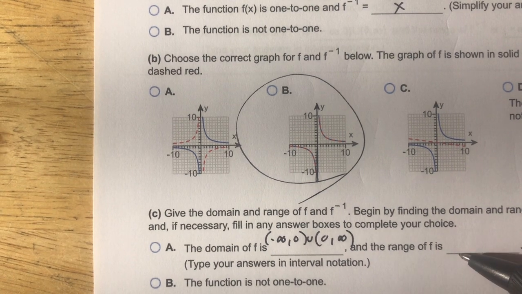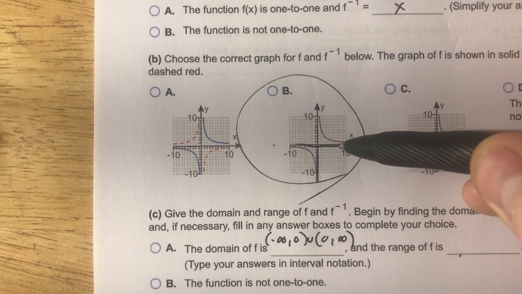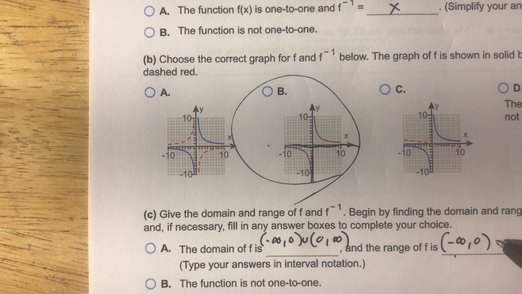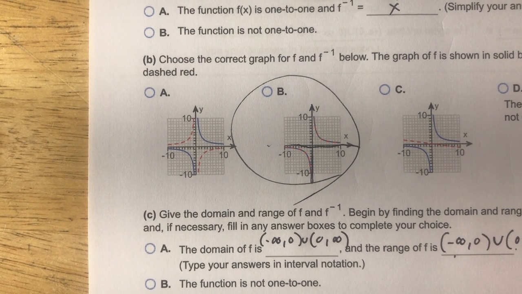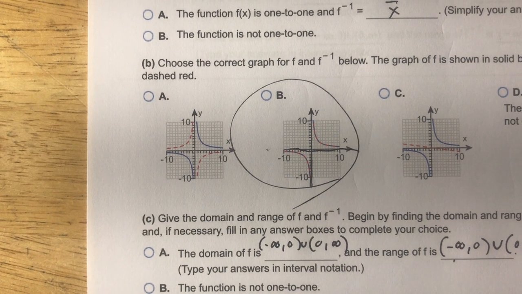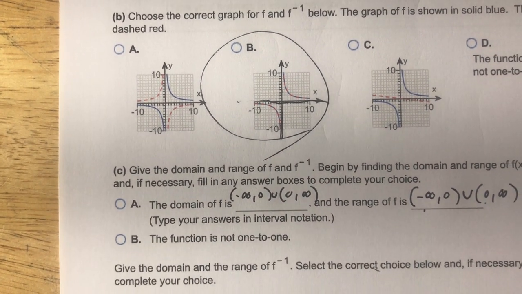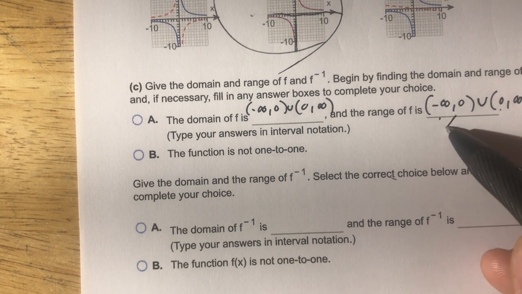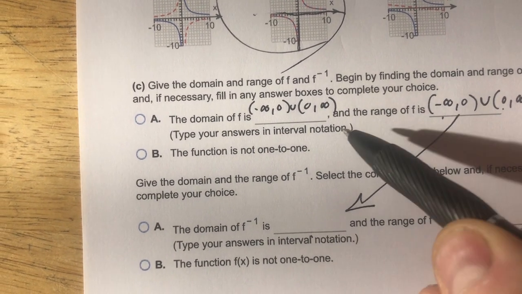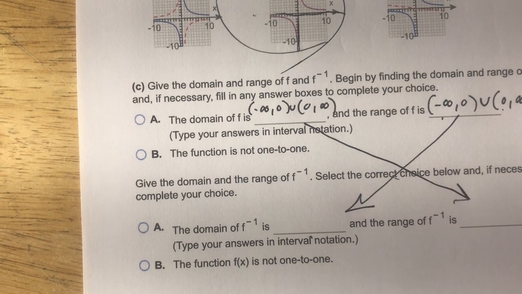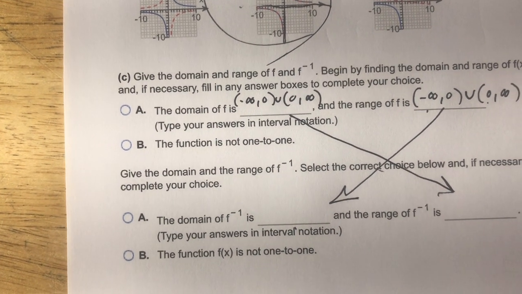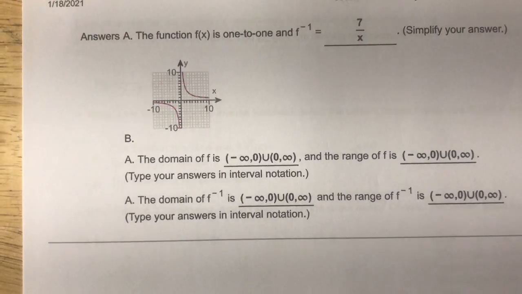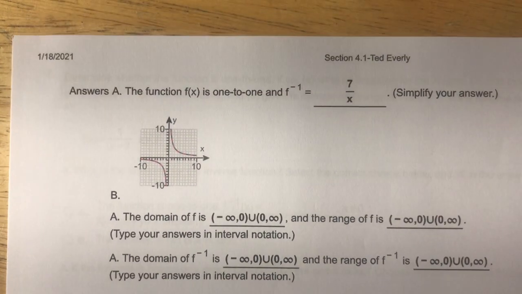Okay, now my range, it looks like we have a horizontal asymptote at 0, which means negative infinity to 0, and then 0 to infinity, which is the same thing. Okay, and now the domain of the inverse. All right, here's my range. That's going to be the domain there. Here's my domain. That's going to be the range over here. I'm not going to write them out. Okay, and you can see we got all that right here.